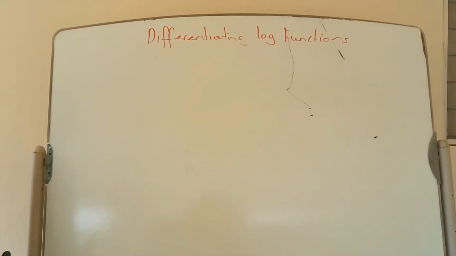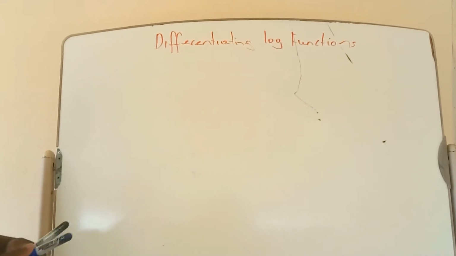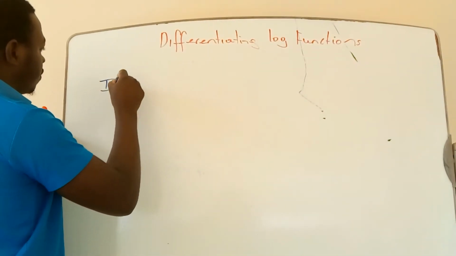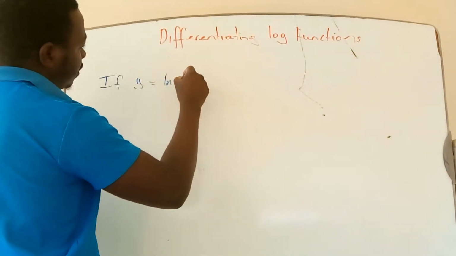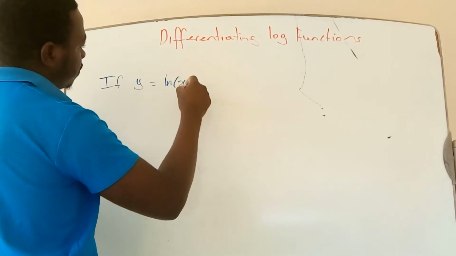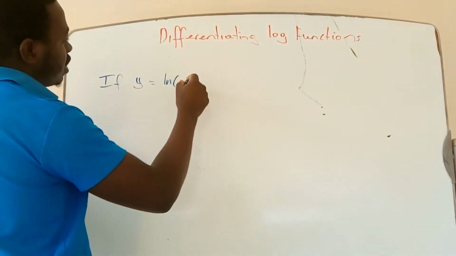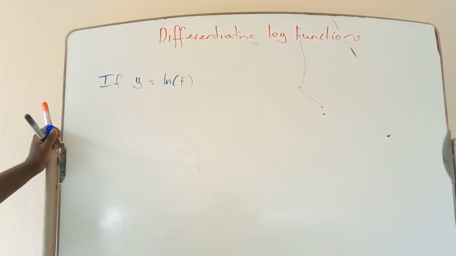Now what we are going to look at in this video is differentiating log functions. So let's say y is equal to ln x. Well, let's call this f. Let's say y is equal to ln f, and we want to differentiate this.